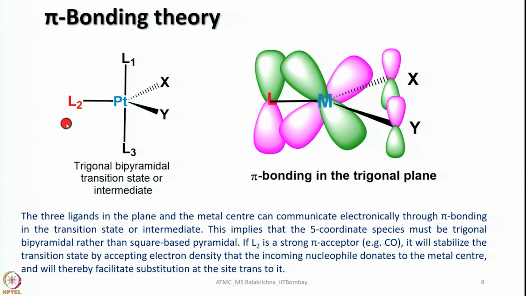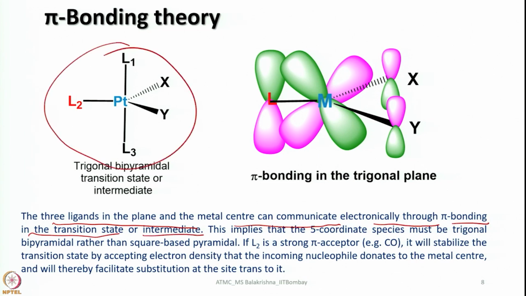It may be sigma star with tertiary phosphines, or pi star with N-heterocyclic carbene, carbon monoxide, cyanide, etc. So, the 3 ligands in the plane and the metal center can communicate electronically through pi bonding in the transition state or intermediate I am talking about. This implies that the 5 coordinate species must be trigonal bipyramidal rather than square based pyramidal.